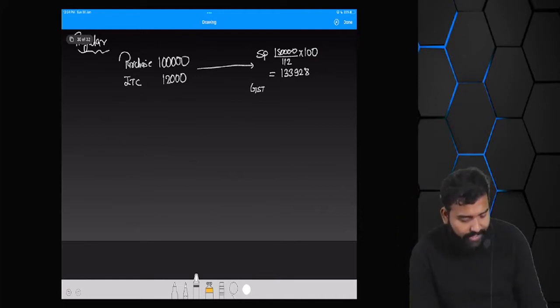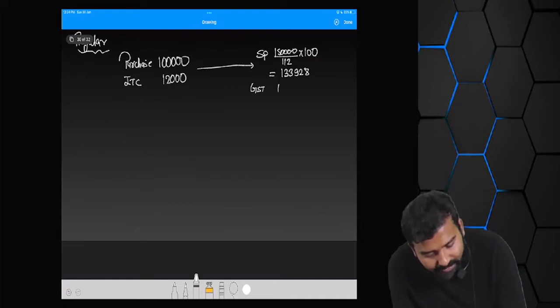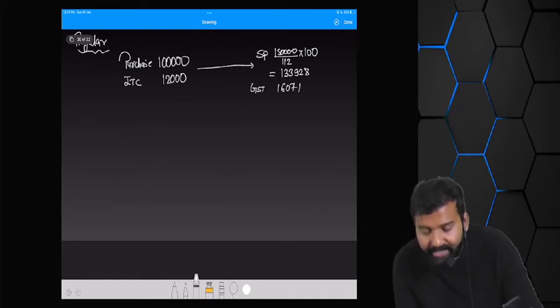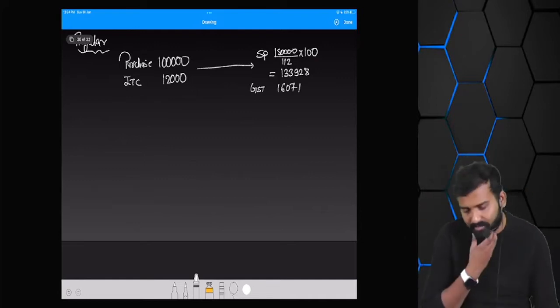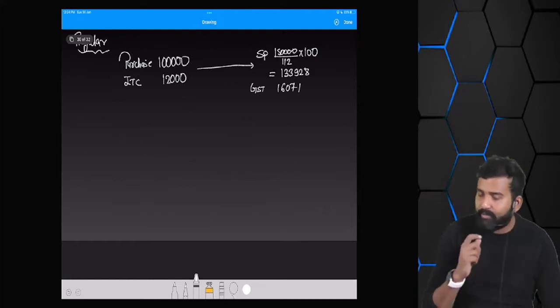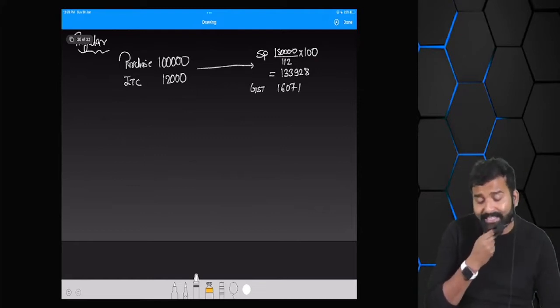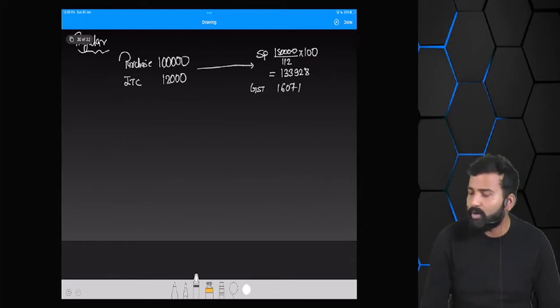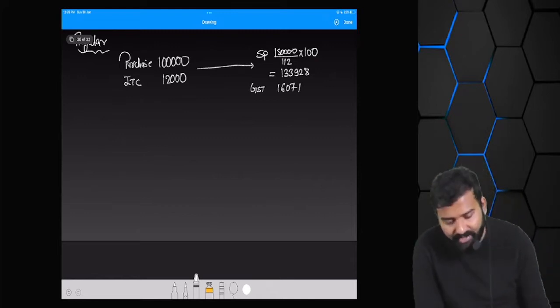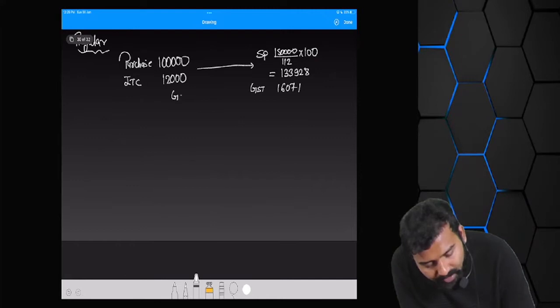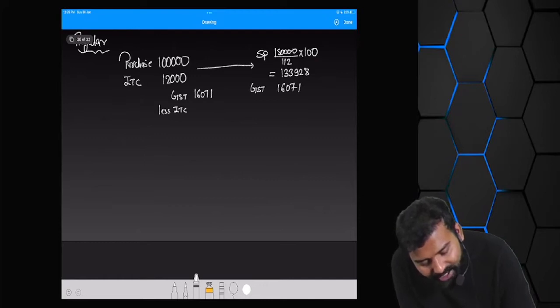Out of 150, the GST amount is 16,071. He will collect 1,50,000 from the customer, out of which the sale price is 1,33,928 and the GST amount is 16,071. Now what will he do? He will pay GST of rupees 16,071, out of which he will adjust ITC of rupees 12,000, and he will pay 4,071 in cash.